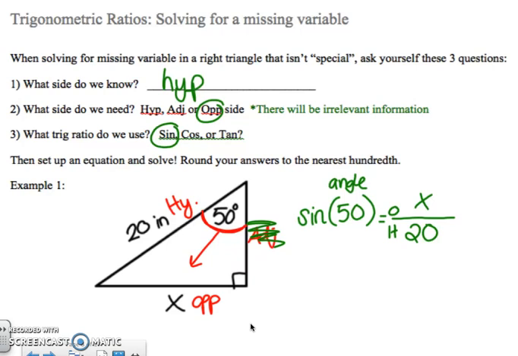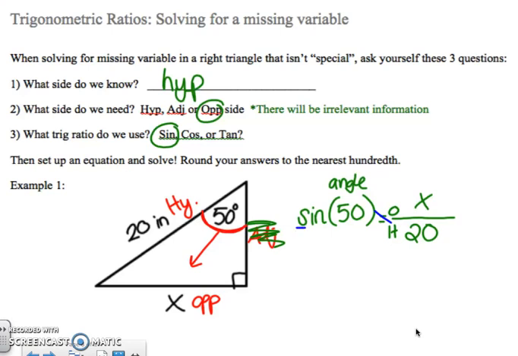So what you can do is times by 20 on both sides to get rid of it in the denominator. Or you could remember this cool song, x up high, aka x is up high in your ratio. So x up high, cross multiply.